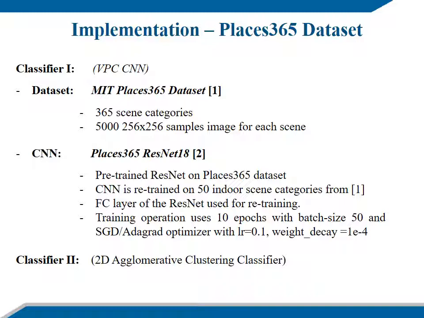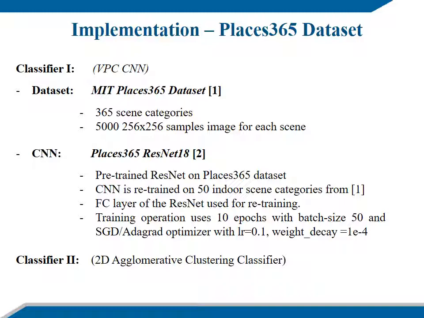Since this project deals with only indoor scene categorization, we only choose 50 indoor scene categories out of the entire category set for the purpose of training the CNN classifier. A number of off-the-shelf CNNs are available that are trained on the Places 365 dataset.